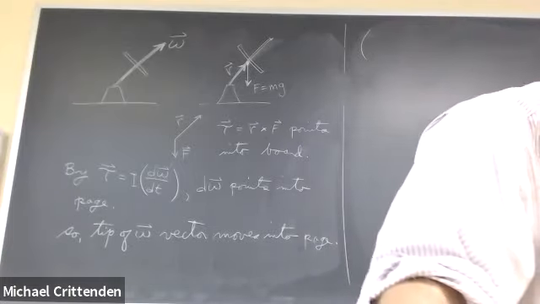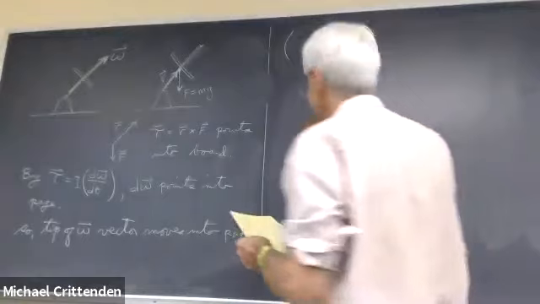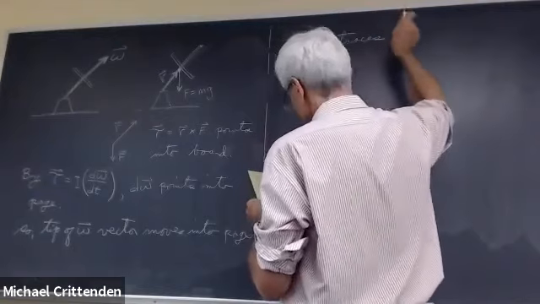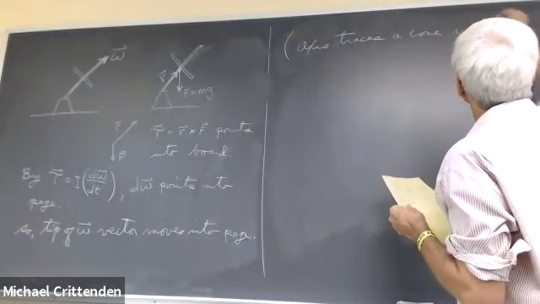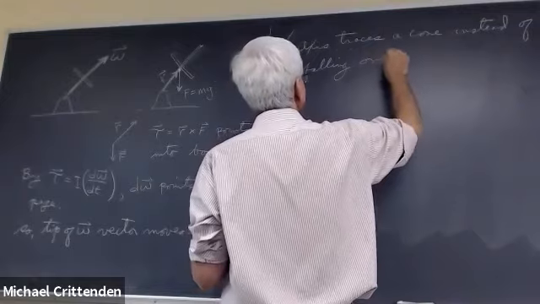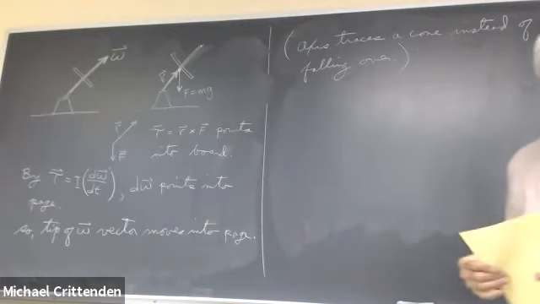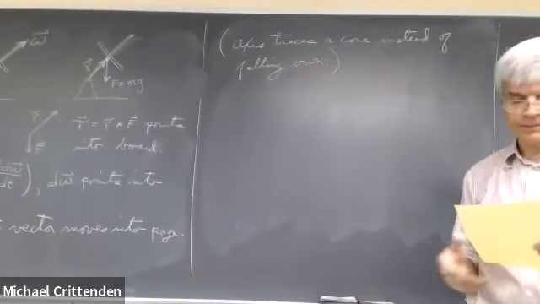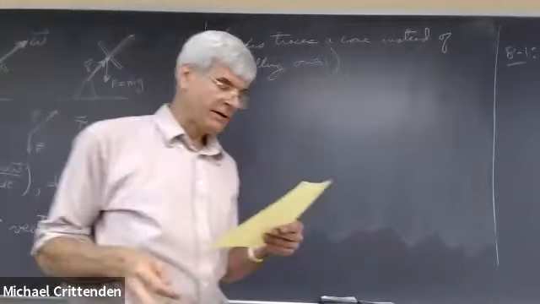And so the axis traces a cone instead of falling over. It's kind of like centripetal acceleration.